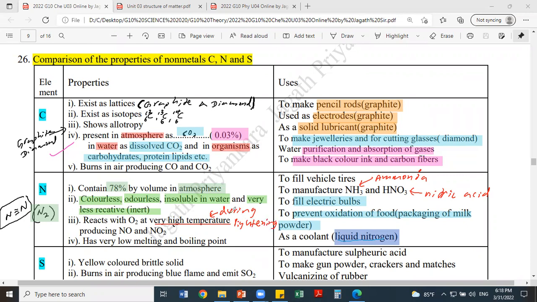Atmospheric nitrogen reacts with oxygen gas producing nitric oxide, and nitric oxide becomes nitrogen dioxide and dissolves in the rainwater forming nitric acid, and therefore nitrogen is present in the rainwater as nitric acid. That's why rainwater is slightly acidic, due to the dissolution of CO2 and other acidic gases. I will give the summary separately.